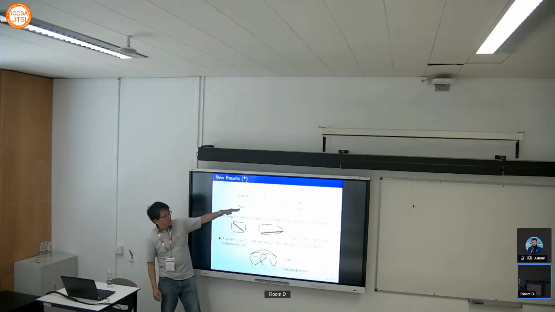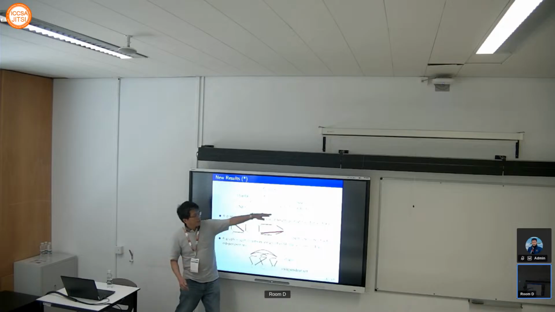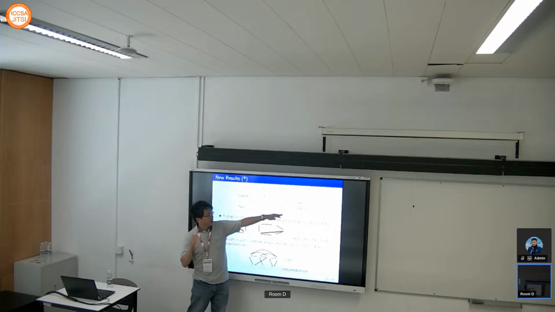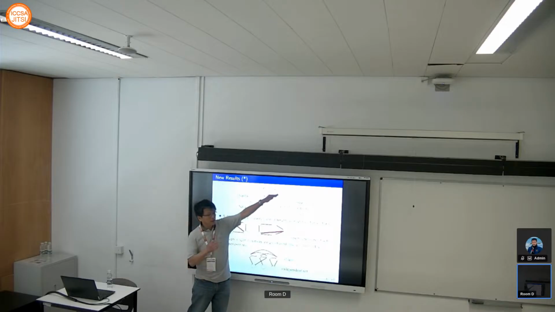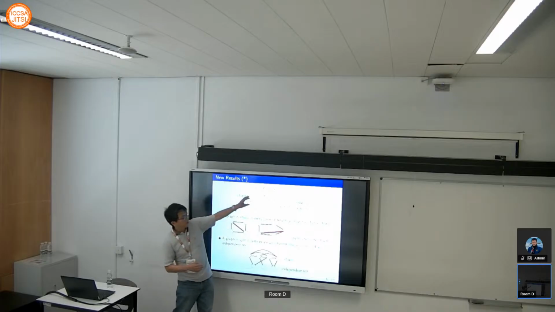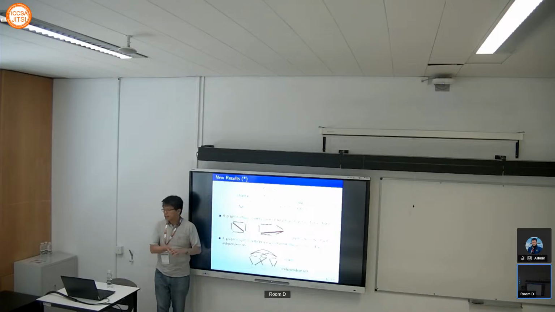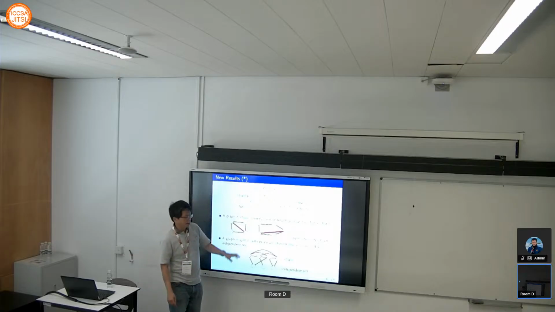Actually, the split graph is a subclass of chordal graphs, so this inapproximability is transferred to the chordal graphs, and this approximability is also transferred to the split graphs. So we actually obtained very tight approximability and inapproximability for these graph classes.